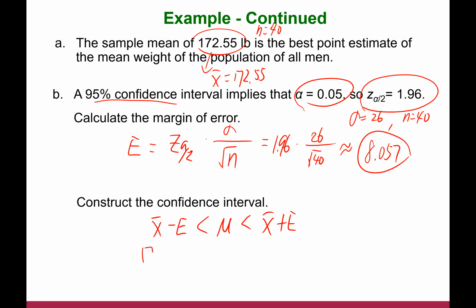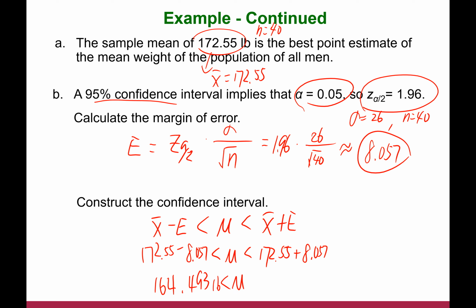So 172.55 minus 8.057 gives the lower limit, 164.493, in pounds. Adding the margin of error to the sample mean gives the upper limit, 180.607 pounds. So this is the 95% confidence interval.